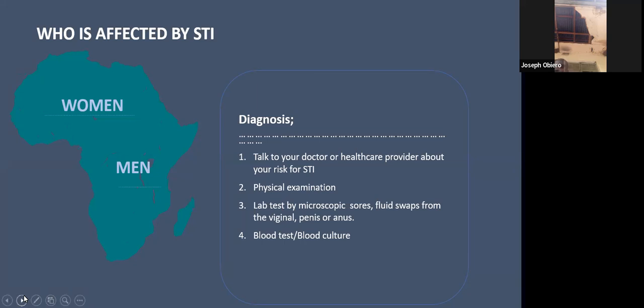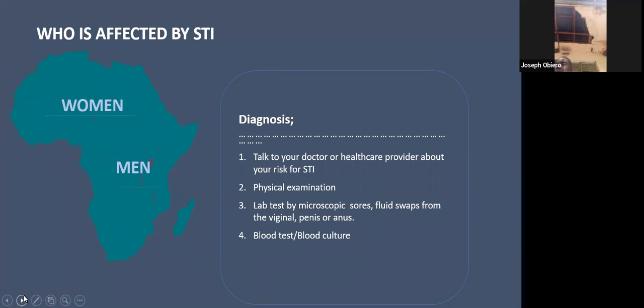Now we'll go to the diagnosis. How do we know that we are having the infection? Because most of them are asymptomatic, we might be infected and not be aware.